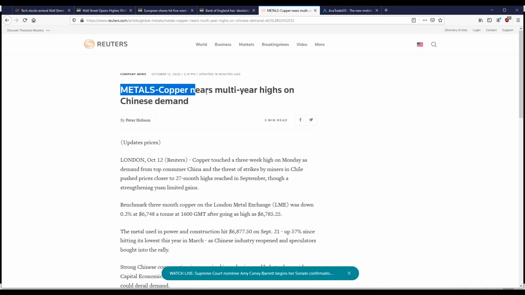I found this article specifically on copper. Why does copper go up when someplace like China is doing well and coming out of a pandemic and their markets are opening up? Industrial production is ramping back up. Copper in general is used in industry, right? It's used in wiring and all kinds of things that when economies are booming, copper demand goes up.